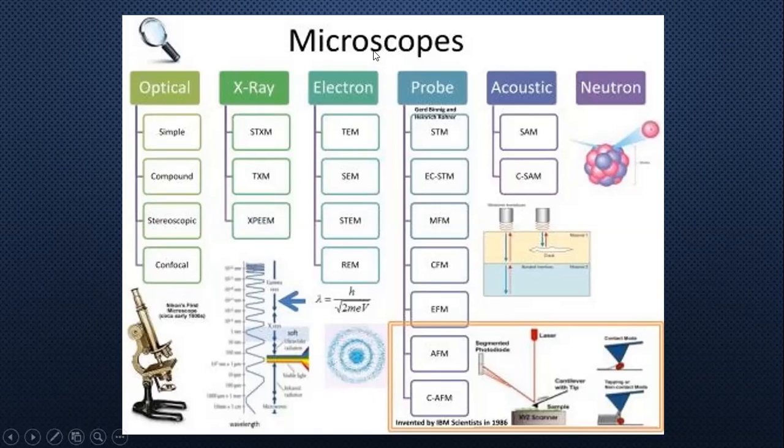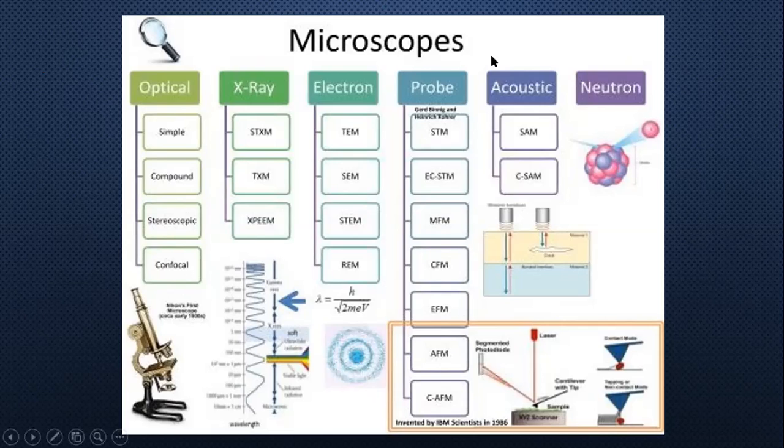The third type of microscope, we can use the electron. This electron microscope may be the TEM, that is transmission electron microscope. It may be SEM, scanning electron microscope. It may be STEM and REM.